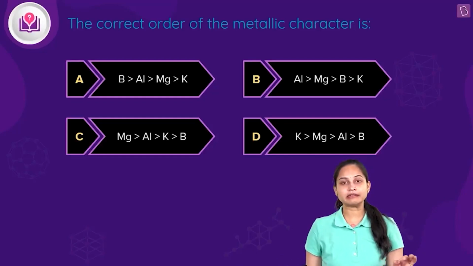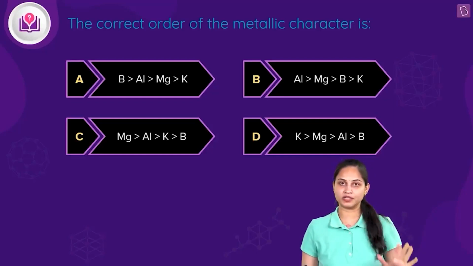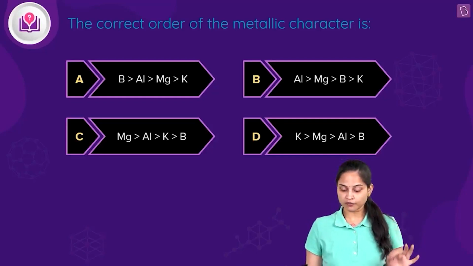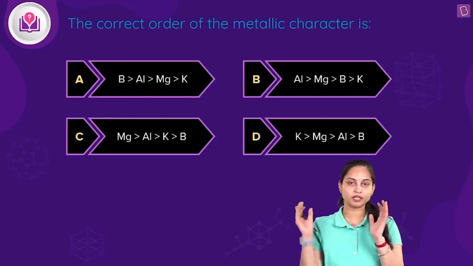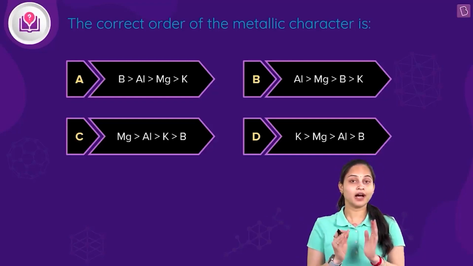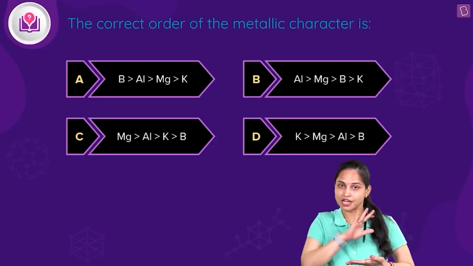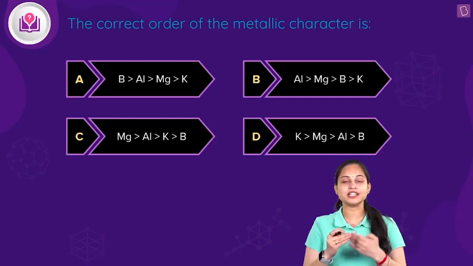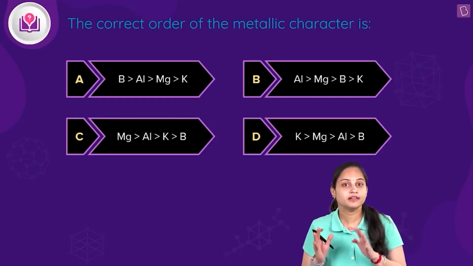Potassium is an alkali metal. Magnesium is an alkaline earth metal. Aluminium and boron belong to group 13 basically. Along a period, when we are moving from left to right in the periodic table, ionization energy is increasing. If ionization energy is increasing along the period, that means the tendency to form cations decreases, electropositive character decreases.